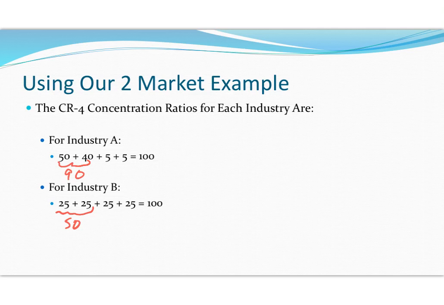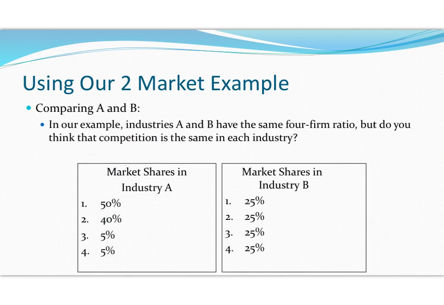But this example actually points to one of the problems with the concentration ratio. These are the same. In our example, when we started this, I asked the hypothetical, which industry do you think is more competitive? And I said, most of your guts are going to say industry B is more competitive.